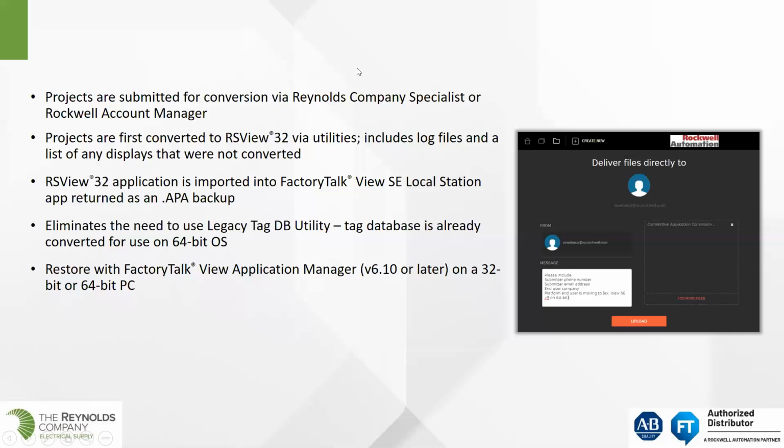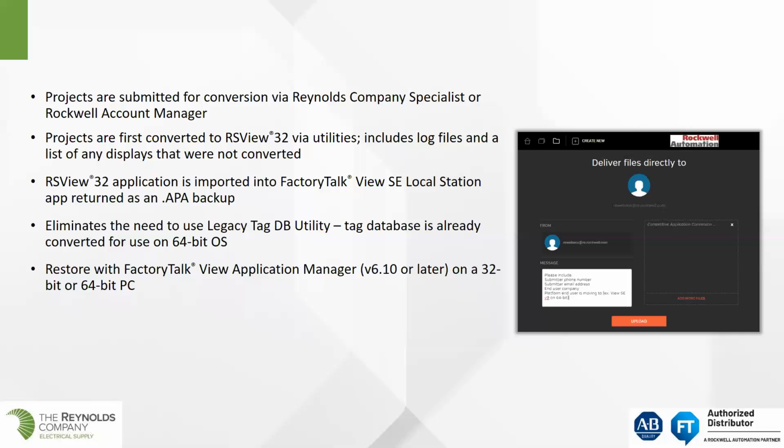And in addition to the actual project that gets converted, there are also a number of log files delivered as part of this, and some exception reports that we'll reference in the next couple of slides. So once we have a working RSView application, that RSView application gets imported into FactoryTalk View SE, and then it is returned as an APA backup file to the end user, to the owner.